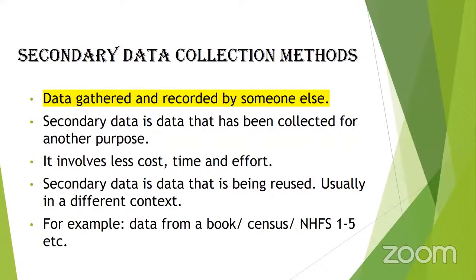If you're doing a thesis on immunization, you may get the data of NFHS-5 and see whether immunization has any relationship with any socio-demographic factor or any geographical factor. You can make a GIS plot by using that NFHS data.